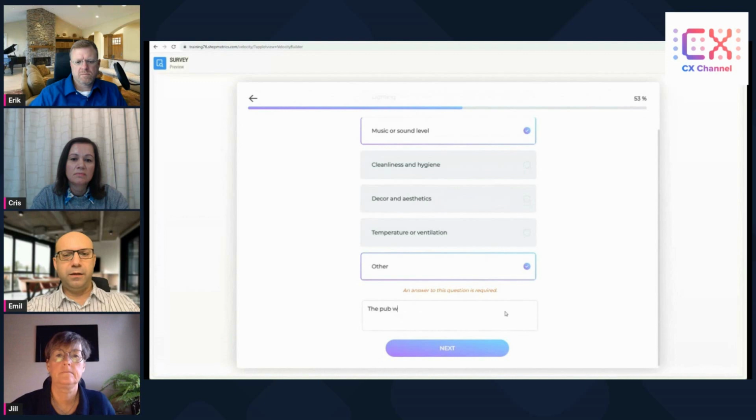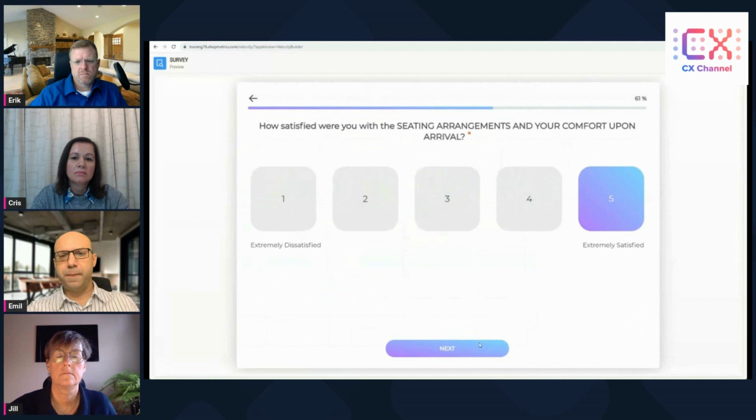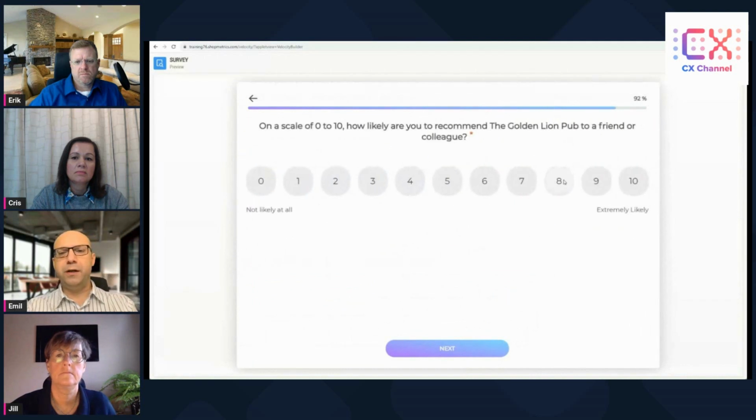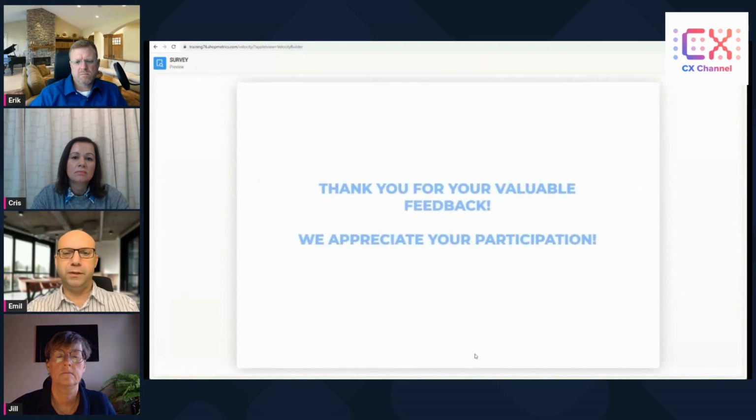And here we can also see the option of choosing the other as an answer option and providing additional detail and context, something that was not readily available in the detail. And here we conclude with an NPS question.